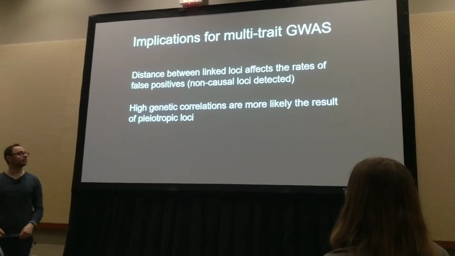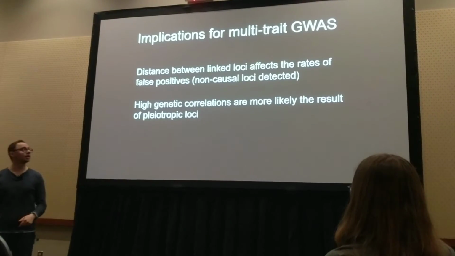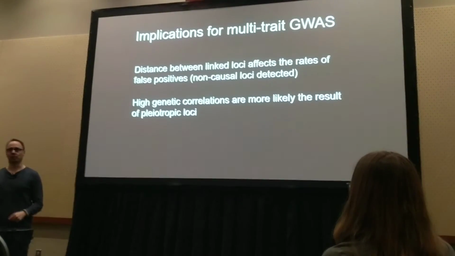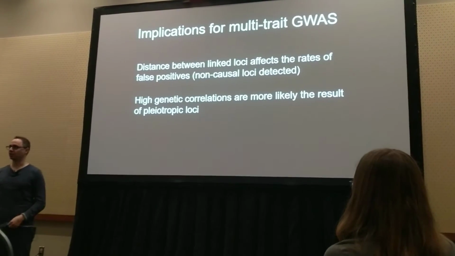The other thing I mentioned before is that these high genetic correlations are expected to be the result of pleiotropy. So, great. We might be able to distinguish between pleiotropy and linkage.